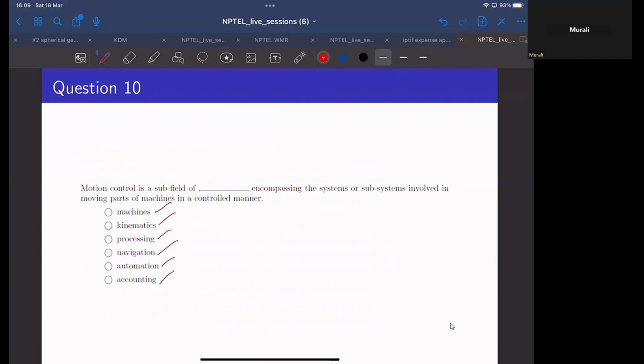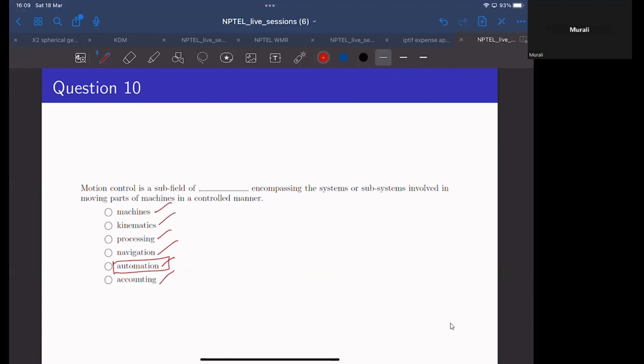So I hope we can all agree that the most appropriate answer is automation, because motion control is basically an essential component in automation. It involves systems or subsystems involving several moving parts of machines in a controlled manner.